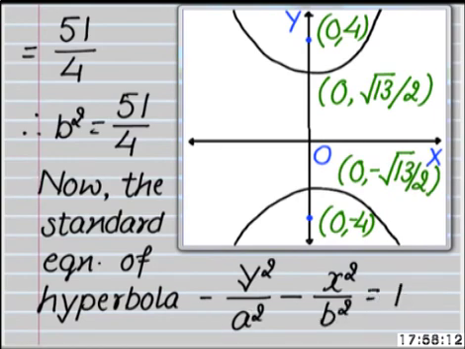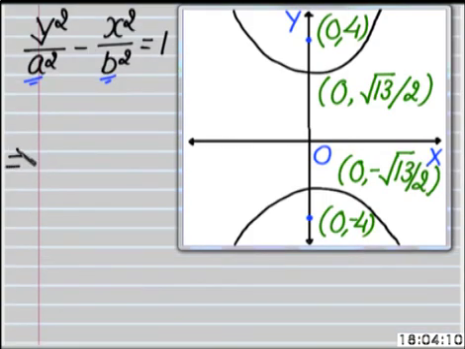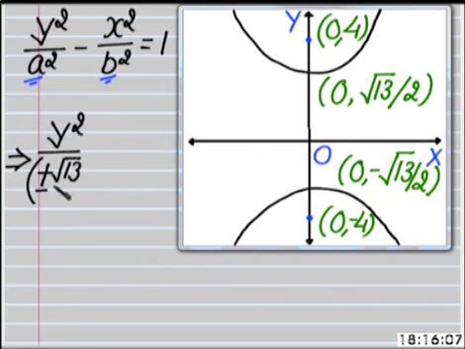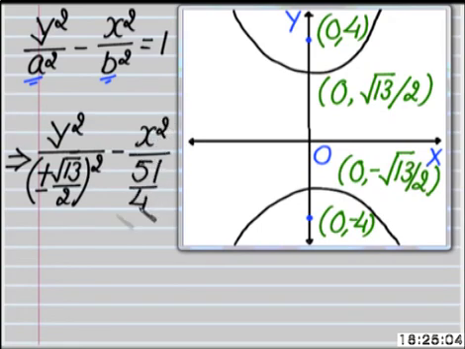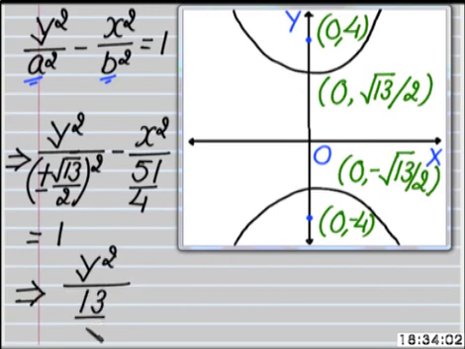Now placing the values of a and b, we get y square upon square of plus minus root 13 by 2 whole square minus x square upon 51 upon 4 equal to 1, which implies y square upon 13 by 4 minus x square upon 51 upon 4 is equal to 1.